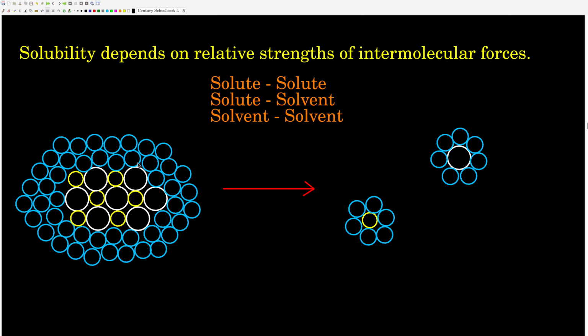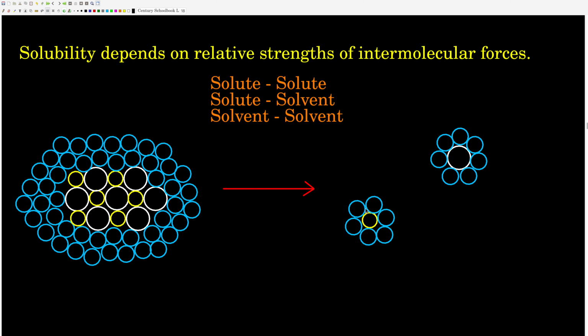And when they get them pulled a little bit away, they start creeping in and surrounding them, and it ends up that we get these ions all surrounded by solvent particles, in this case by water molecules. And this picture over here is what it looks like when these ions have been dissolved, solvated, surrounded by water molecules. In this case, we would say that they're hydrated because the solvent's water.